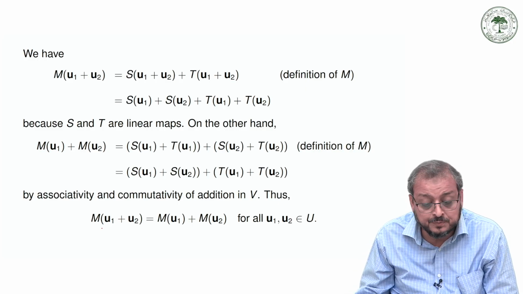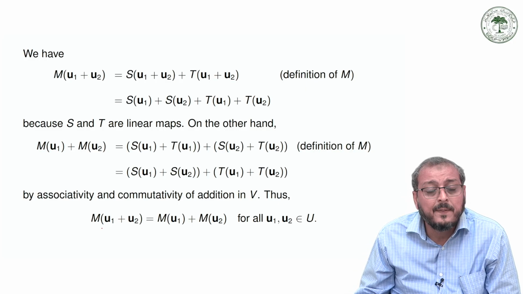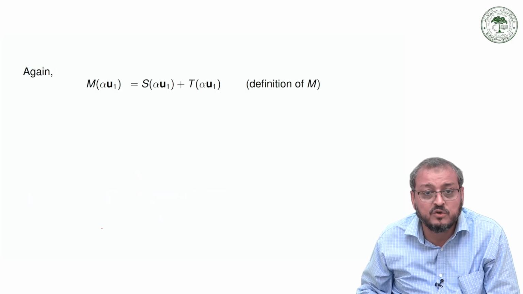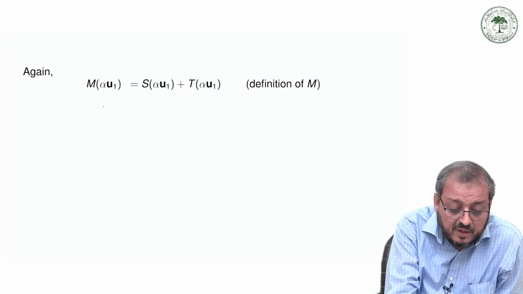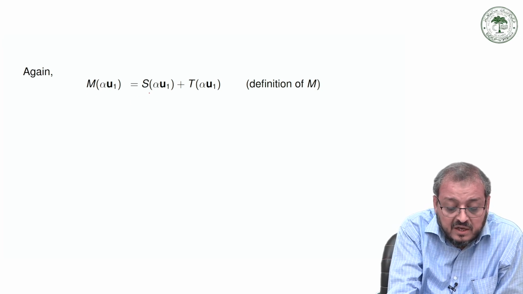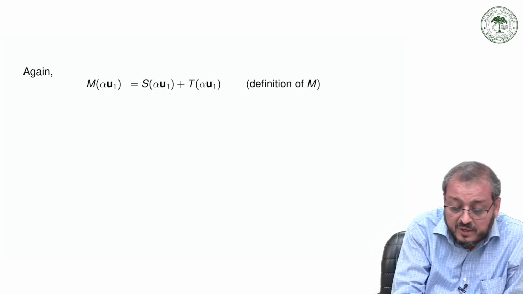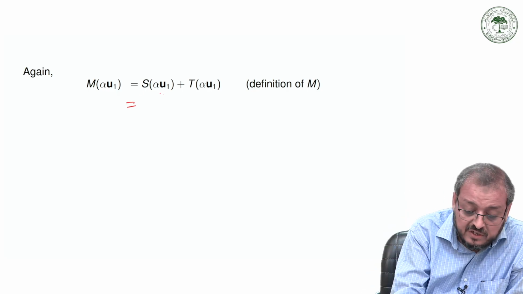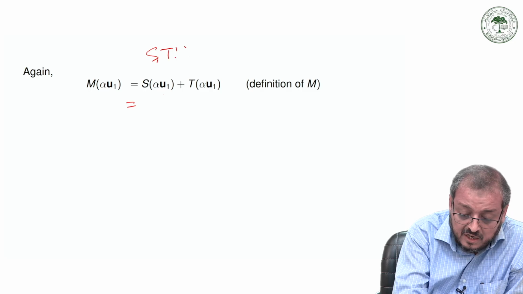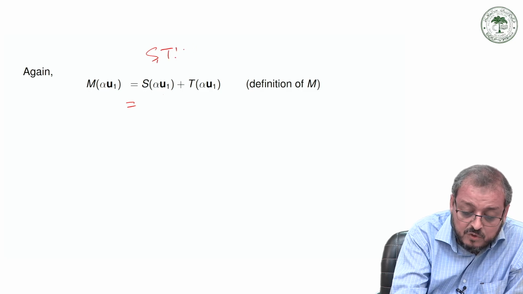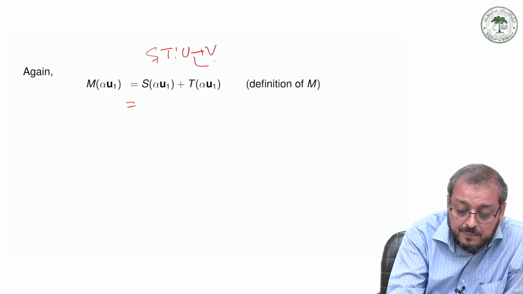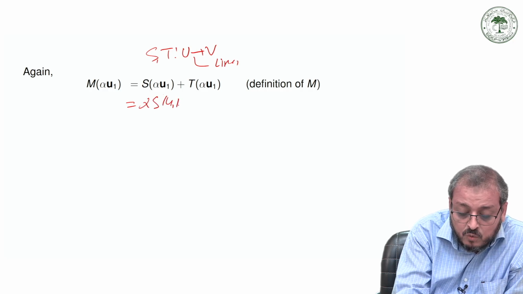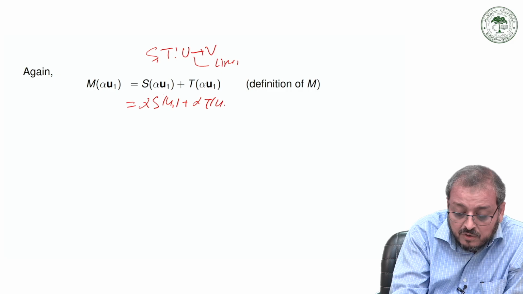Now we try to show the second condition. The second condition is m of alpha u1 should equal alpha m of u1. So we take m of alpha u1, which can be written as s of alpha u1 plus t of alpha u1, and again s and t are given as linear maps from U to V. So this can be written as alpha times s of u1 plus alpha times t of u1.